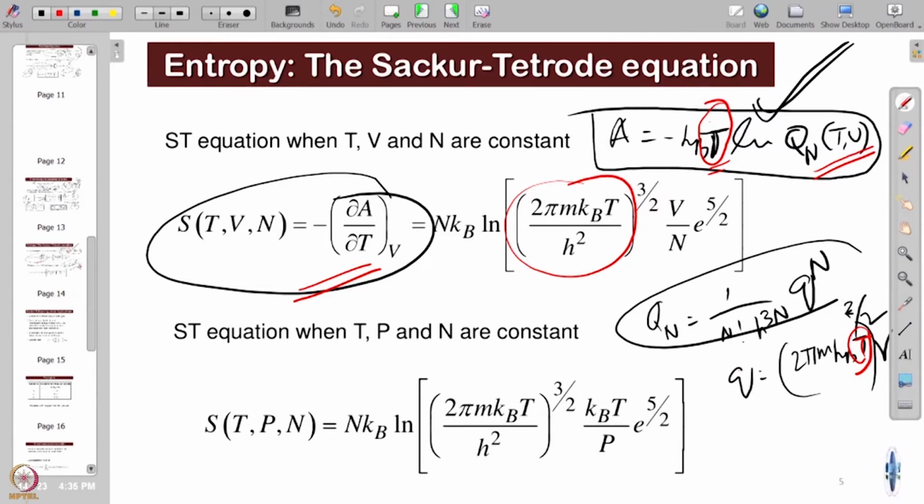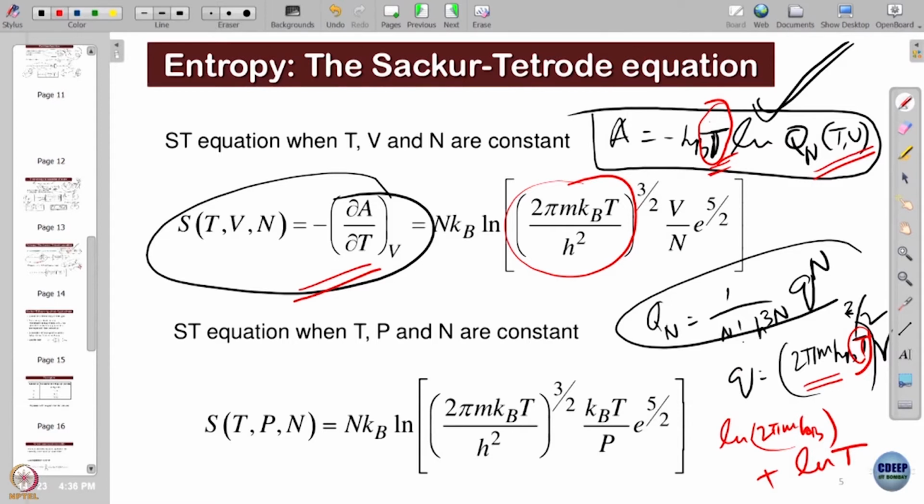Then ln q. So then I do ln q, then ln 2 pi m kB plus ln T. I have a kBT sitting in front when I do that. So now I can do this derivative on this quantity, and I combine the terms.